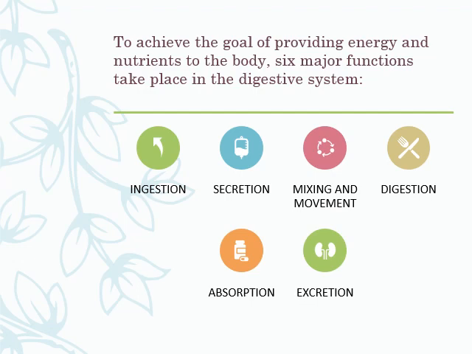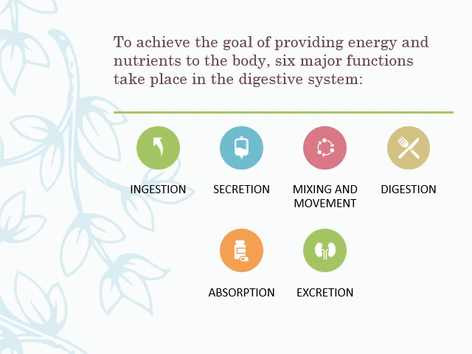Mechanical digestion is the physical breakdown of large pieces of food into smaller pieces, while chemical digestion begins in the mouth with salivary amylase in saliva splitting complex carbohydrates into simple carbohydrates. The enzymes and acid in the stomach continue chemical digestion, but the bulk of chemical digestion takes place in the small intestine thanks to the action of the pancreas.